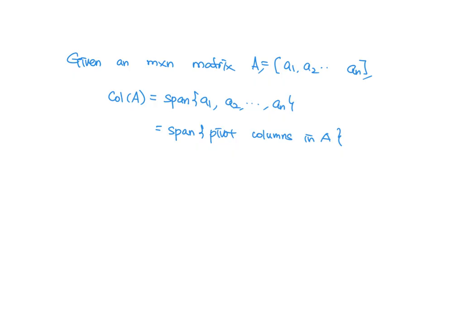So this statement shows that this set of pivot columns of A will define a basis for the column space of a matrix. So if you can tell which columns in A are the pivot columns, then they will define a basis for the column space. Right? Questions?